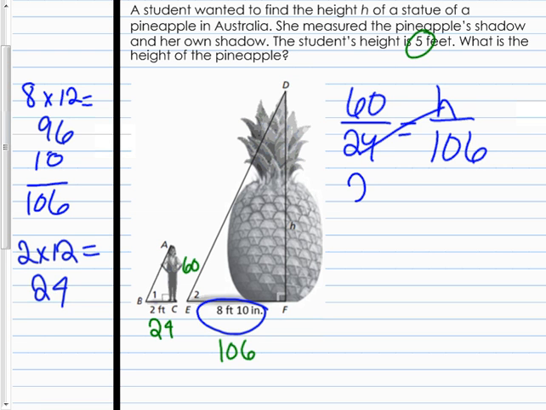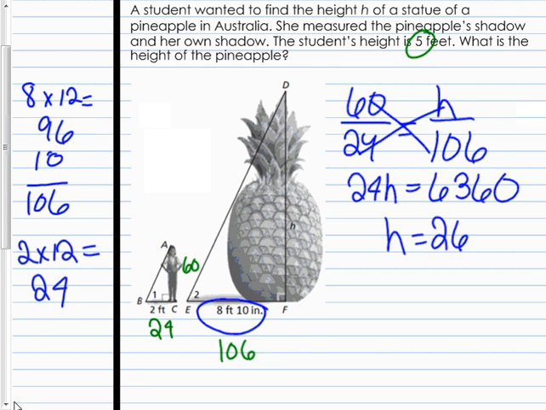So 24H equals 6360. Divide both sides by 24, and we have H equals 265 inches.